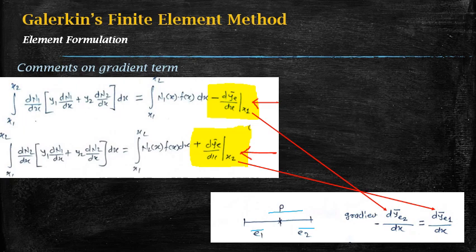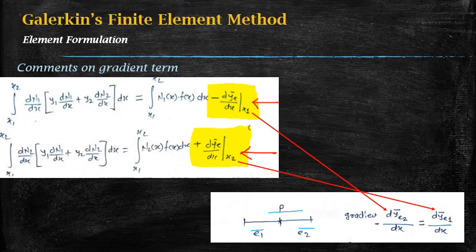Generally, the physics of the problem is such that this gradient at internal nodes is equal in magnitude and opposite in sign, so that at internal nodes they cancel each other unless some external influence acts on these internal nodes.